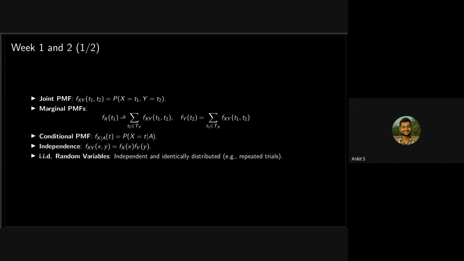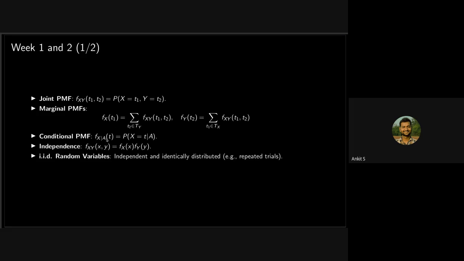Here we have examples for two random variables. Suppose we have two random variables, what is the probability of their occurrence together? Marginals are just this: you take one random variable, and ask what the probability is that it takes some value, and you add it over all the possibilities of the other random variable. Then conditional PMF.